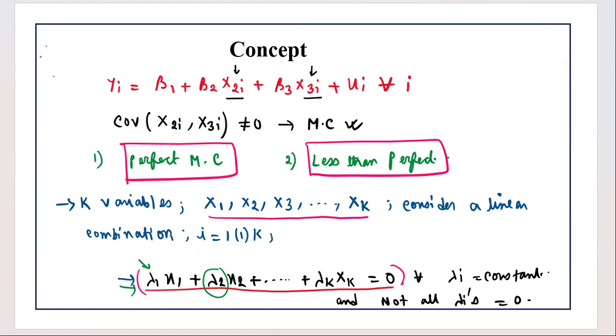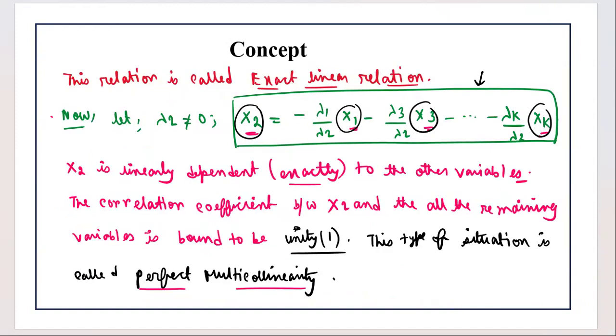If there is randomness, that will be the case of less than perfect multicollinearity that we'll be discussing in a while. But here, all the terms can be determined and there is no randomness present in this linear relationship. So exactly the value of x2 can be found out if you consider this particular linear equation, right? So this is the exact linear relationship.